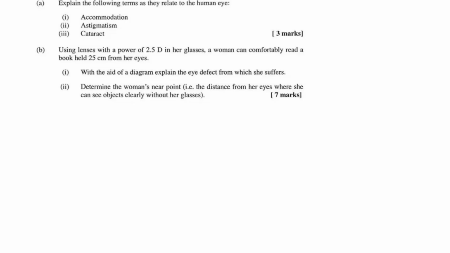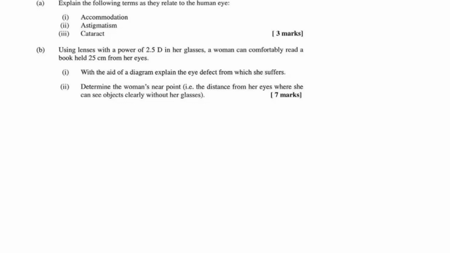We use a converging lens. We agree? Use a converging lens to fix that condition because the eyeball is too short, so the light rays are converging behind it, for near objects.